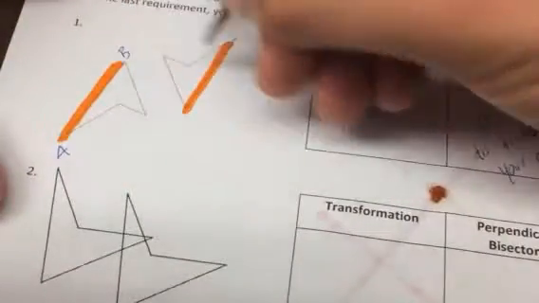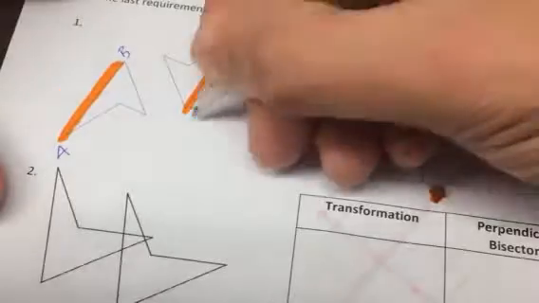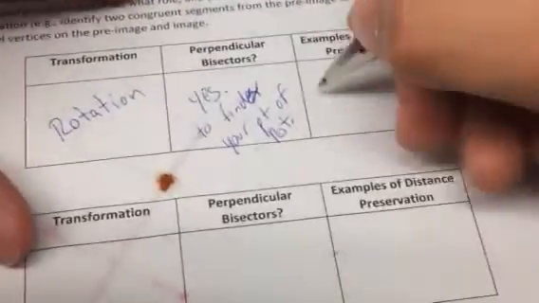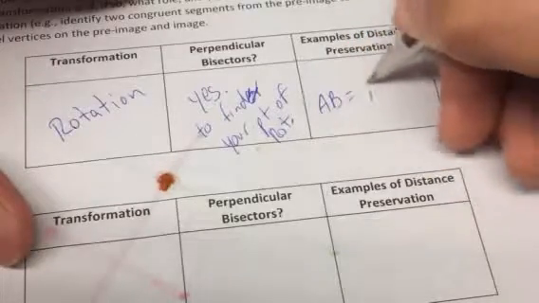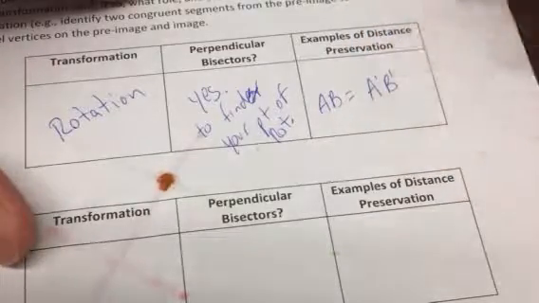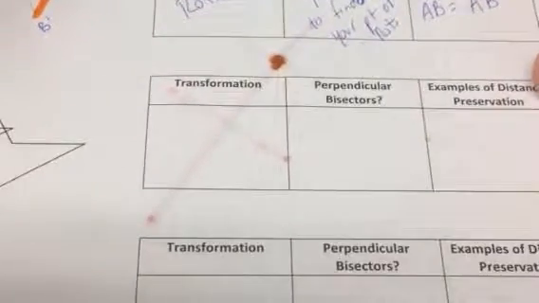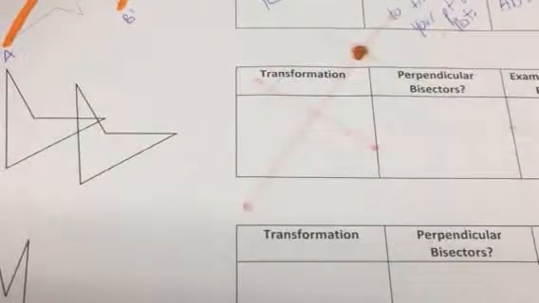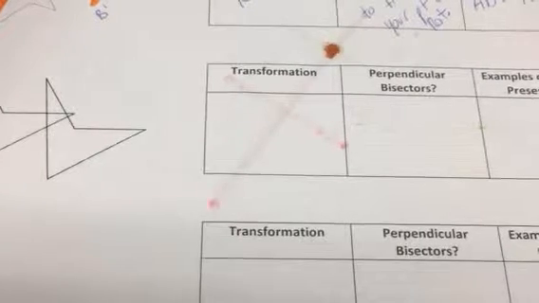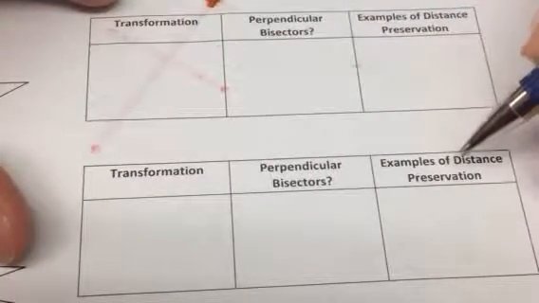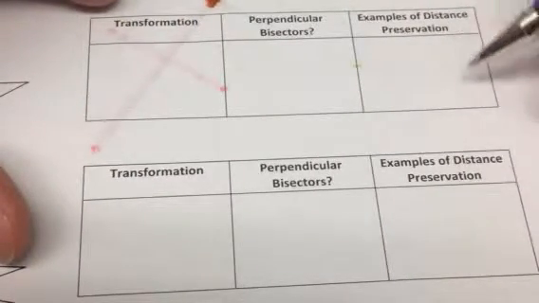A, B, and this would be A prime, B prime, and all you would say is AB equals A'B'. That's it. That's what you're going to need to do with all of these. What type of transformation is it? Are perpendicular bisectors used? Yes or no, and how? And then provide some examples of distance preservation.